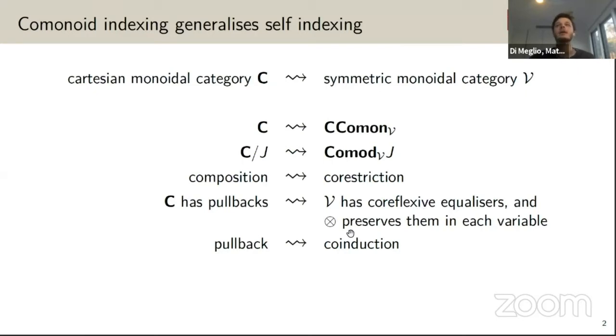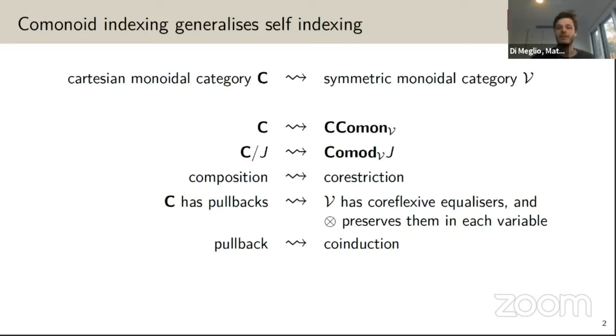And the point is that co-induction does make V into a comon V indexed category. And moreover, we have a Beck-Chevalley condition relating the co-restriction and the co-induction. Also, co-restriction is left adjoint to co-induction. And so we have this indexed category has index sums given by co-restriction.